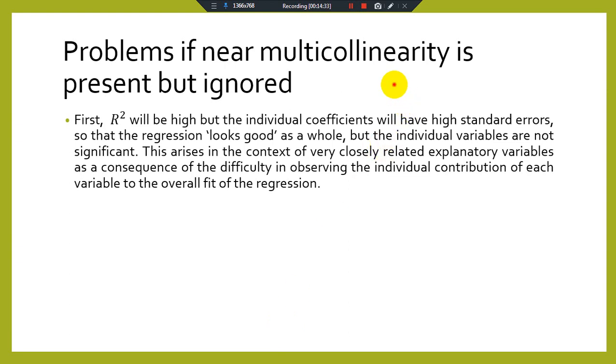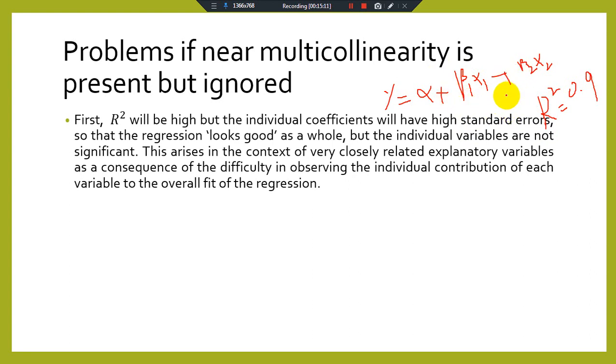Like we have a model here, where y is the dependent variable, we have a constant, beta 1 x1 plus beta 2 x2, and so on. If we have an estimated R square which is very high, like 0.9, this means that our overall independent variables have very good explanatory power, but our beta 1 or beta 2 are insignificant.